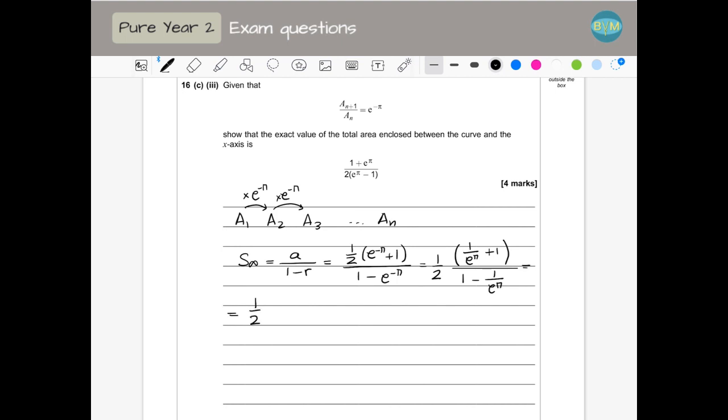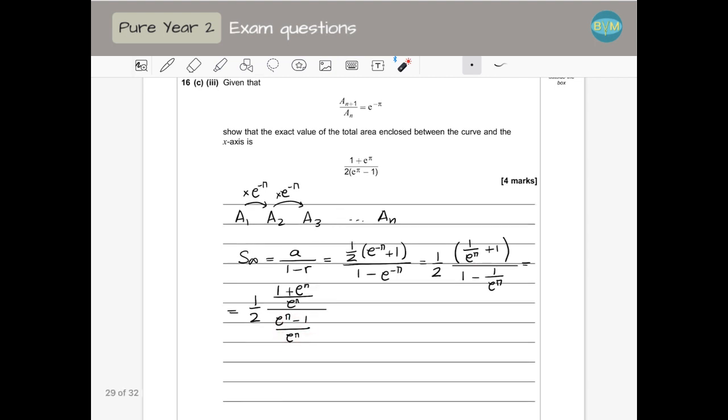So I have 1/2, and here I'm going to have 1 plus e to the power of pi, positive pi, divided by e to the power of pi. That's my numerator. And in the denominator, I have e to the power of pi minus 1 divided by e to the power of pi. Yeah, so I'm just adding this fraction and this one, and this fraction and this one.